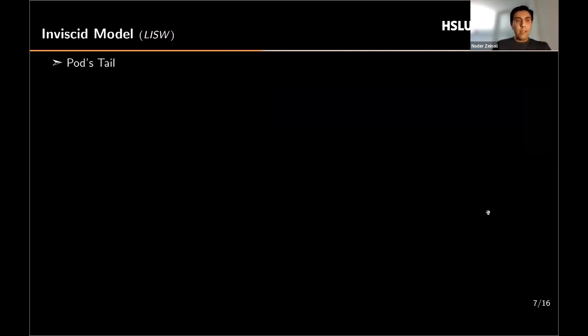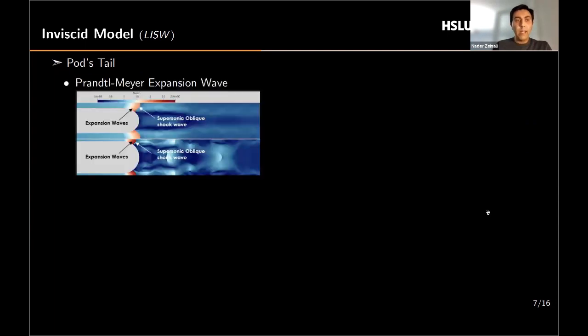And to analyze the drag force, we should first know what's happening at the back of the pod. The first feature is the Prandtl-Meyer expansion waves, in which pressure, temperature, and density are decreasing, but fluid particles are speeding up and Mach number is increasing, which turns into a supersonic oblique shock wave, which completely isolates the back of the pod.